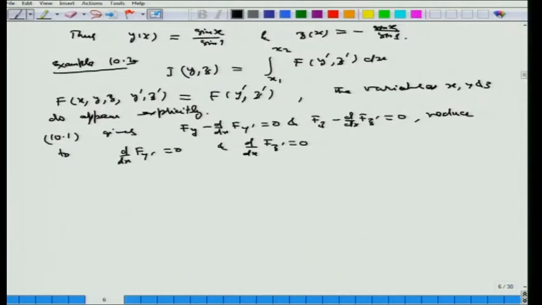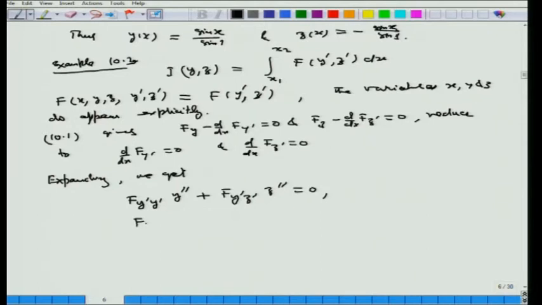Expanding this, we get f of y prime y prime y double prime plus f of y prime z prime z double prime equal to 0, and f of z prime y prime y double prime plus f of z prime z prime z double prime equal to 0.